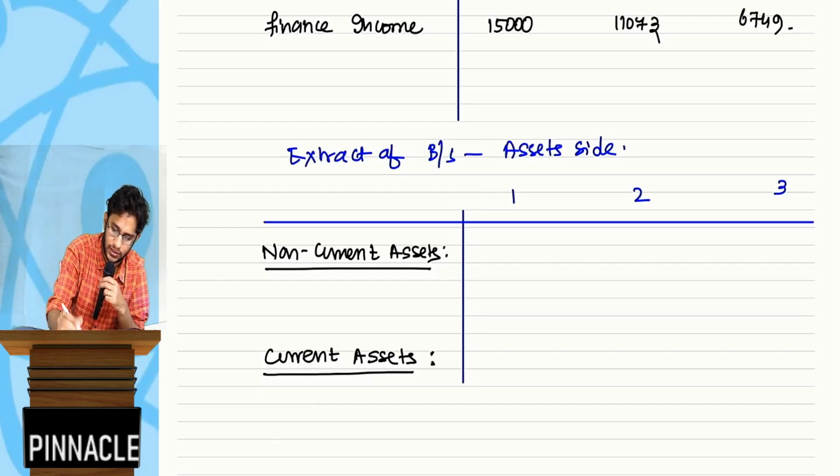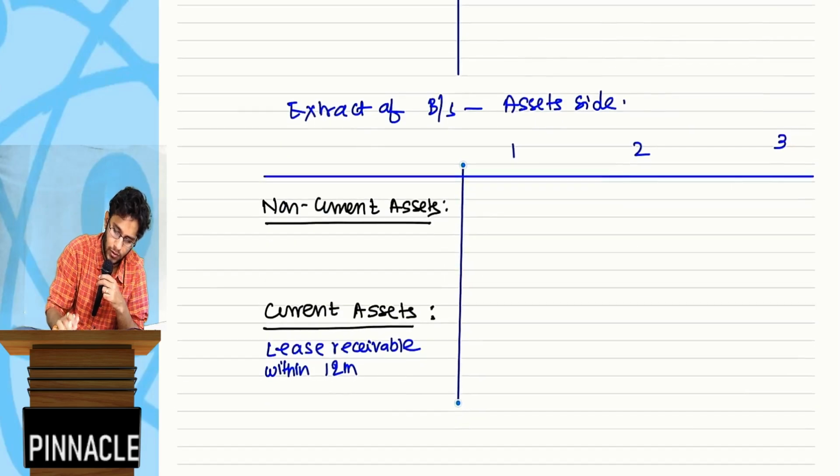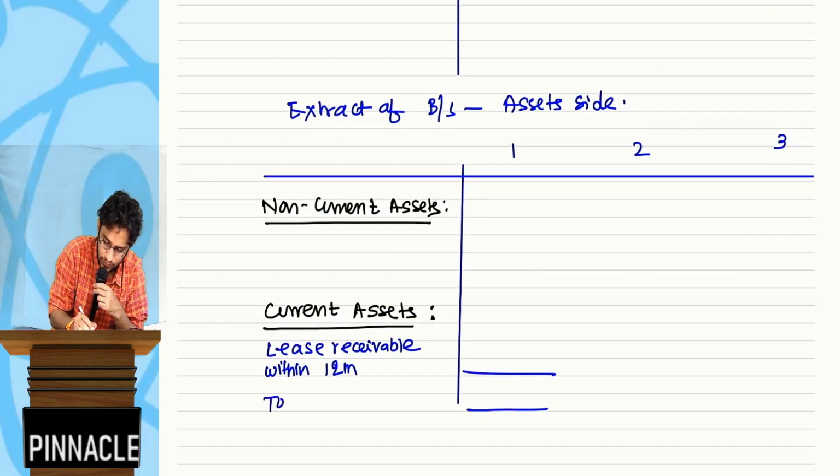Under current assets, you can always write first lease receivable within 12 months from today. For your comfort, it is total lease receivable, or you can fill this up later.